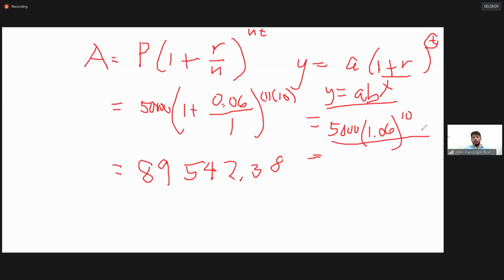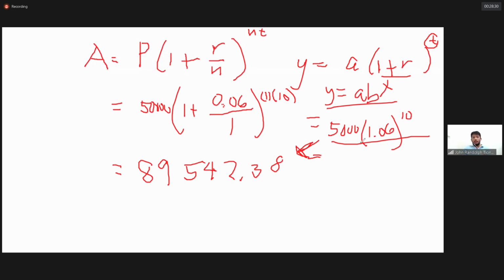Double check your answer here: 50,000 times 1.06 to the power of 10. Is the answer the same? Please reply if it is the same. Okay, the answer is the same.